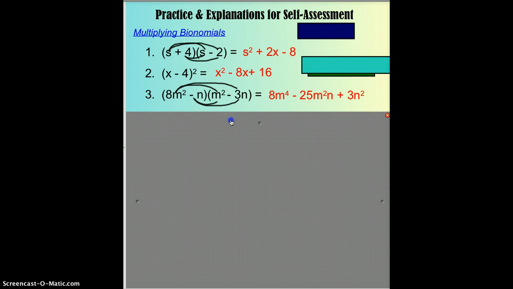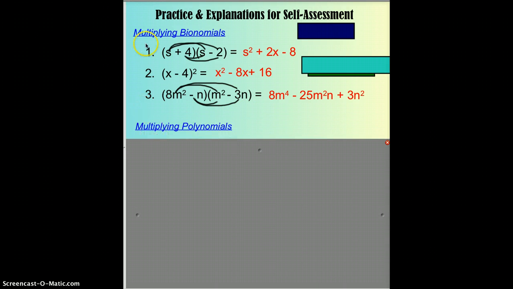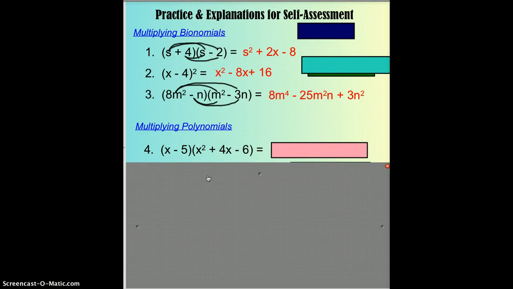And our last subheading is multiplying polynomials. Number 4. The quantity of x minus 5 times the quantity of x squared plus 4x minus 6. Remember, we need to give everything our term of multiplication.